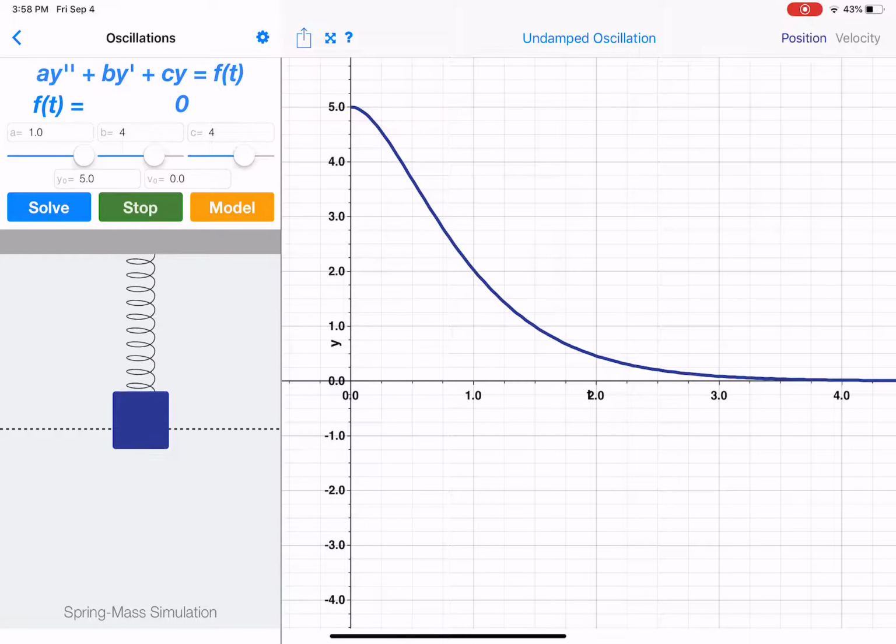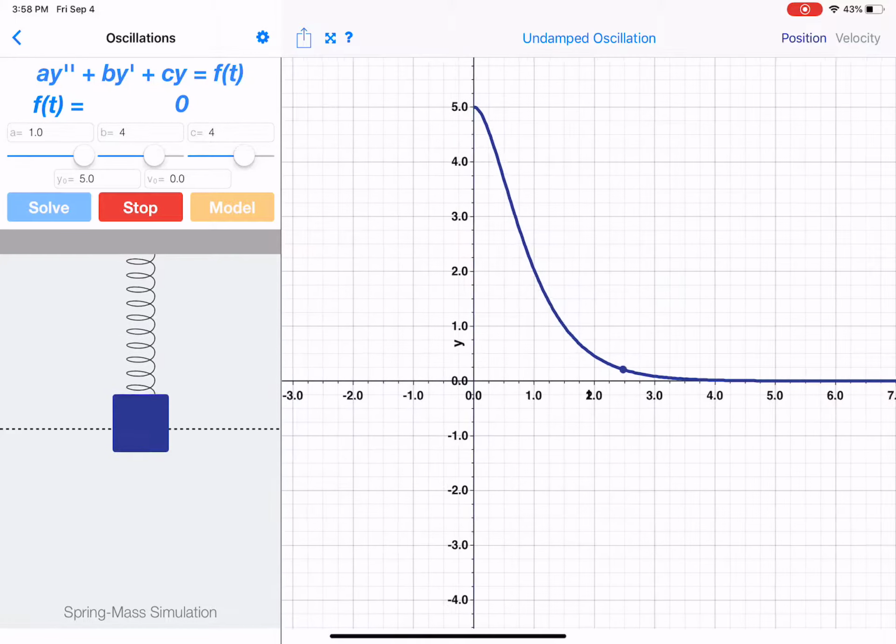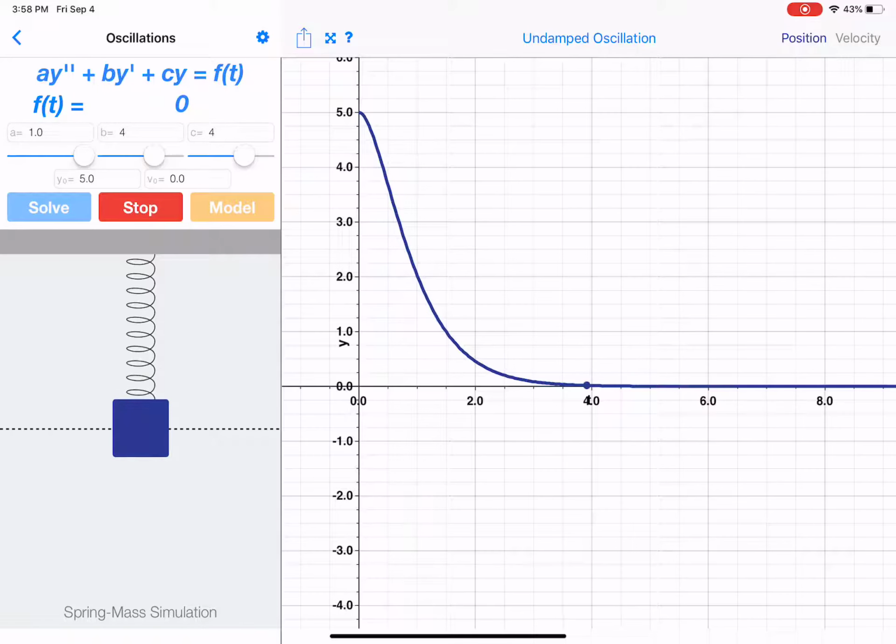Notice that this one's going to return back to normal a little bit more quickly. If I put it on the same scale as the other one, then it will return more quickly. So it snaps right back into place.